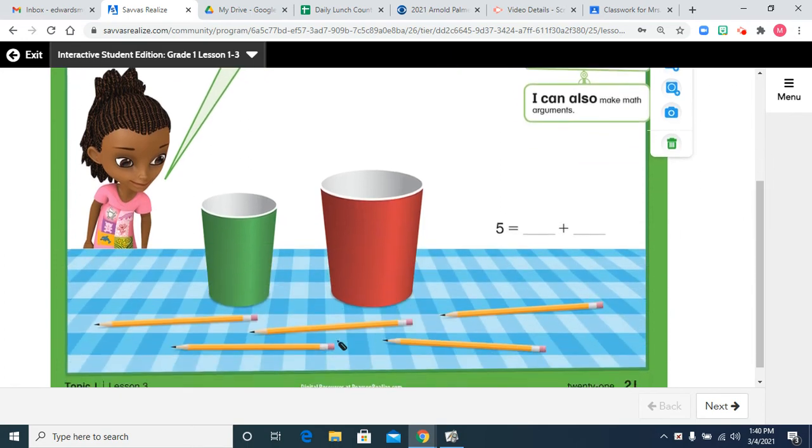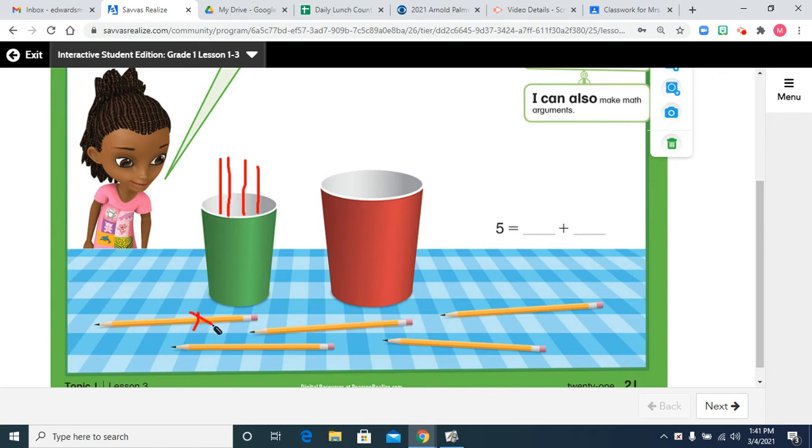Okay, so we have 1, 2, 3, 4, 5 pencils, and we can split them up into these 2 cups any way you want. So here's what I'm going to do. I'm going to put 1, 2, 3, 4 in 1 cup.